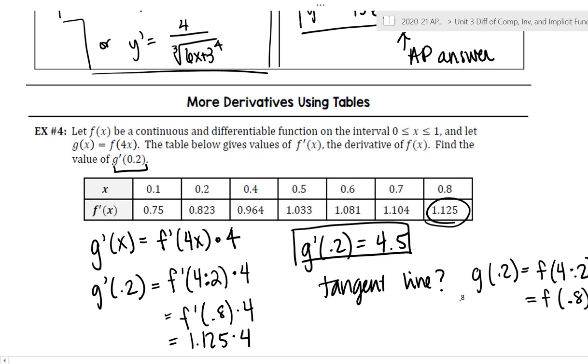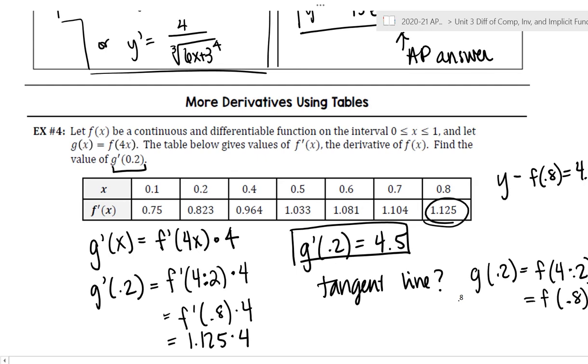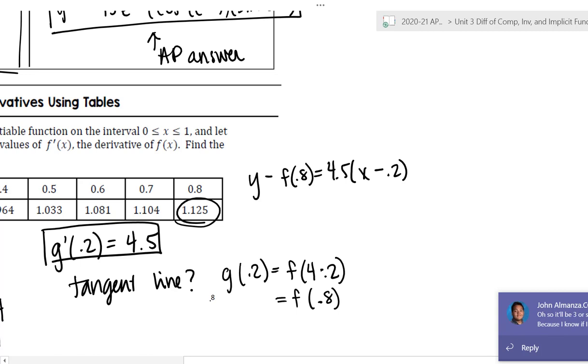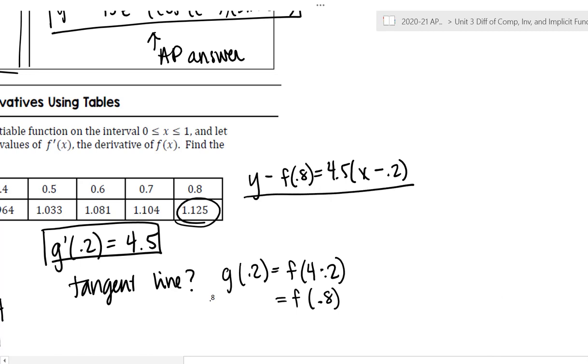Okay, well, if we knew what that value was, we know that that's going to be y minus that output, f of 0.8, equals that slope, or 4.5, times, just realized that I was running out of room, x minus that x value, which is 0.2. So if we had more table values and I knew what that function was, I could plug that in.